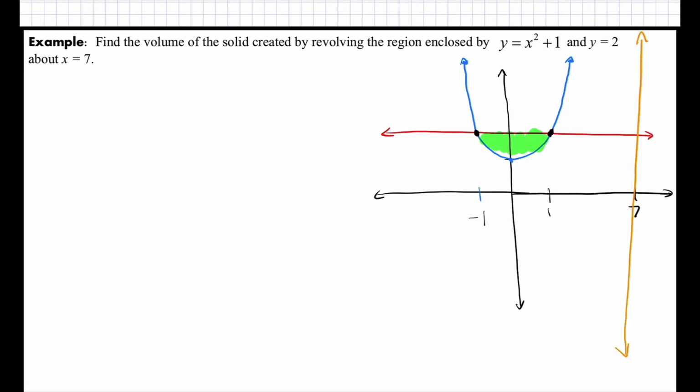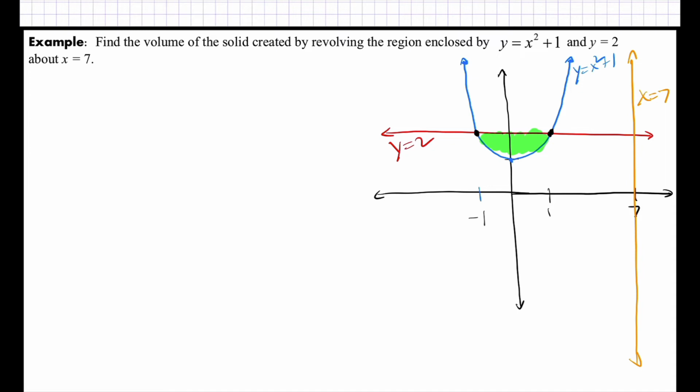Okay, x equals 7. This is y equals x squared plus 1, and then the red is y equals 2.